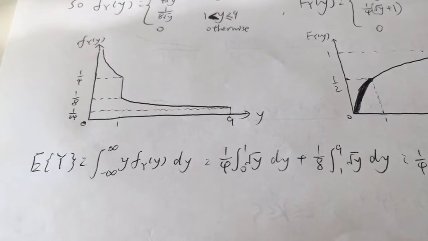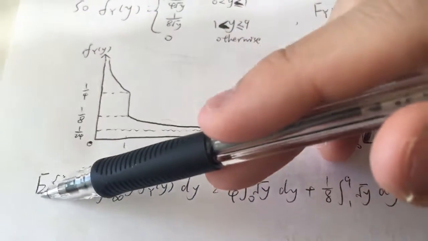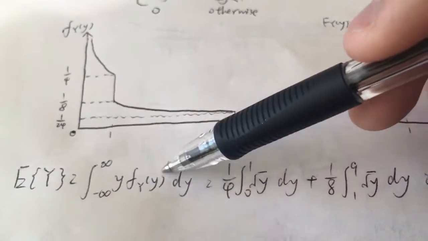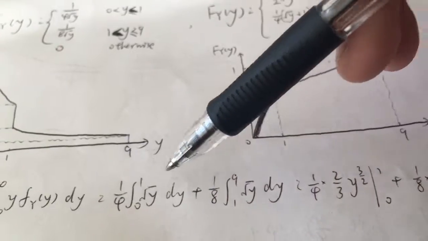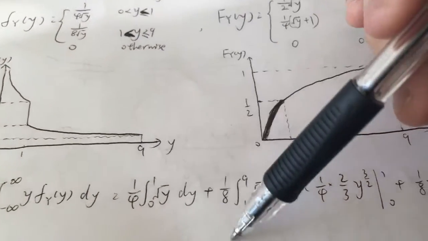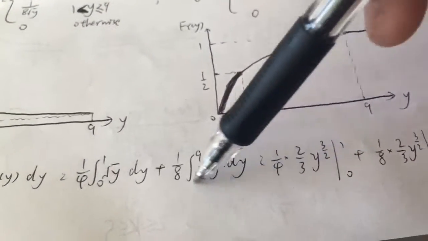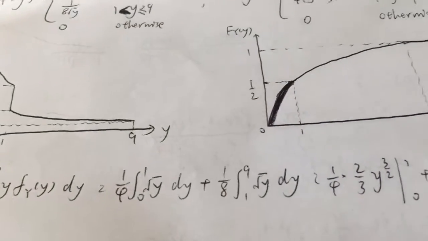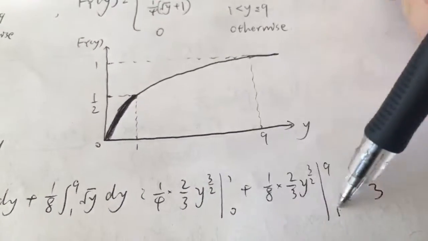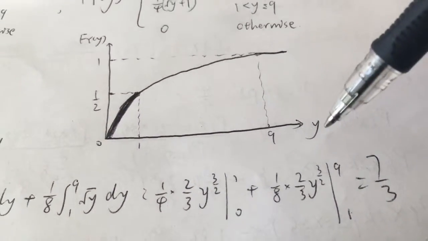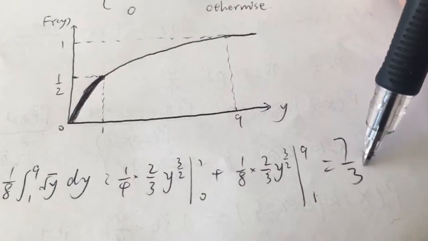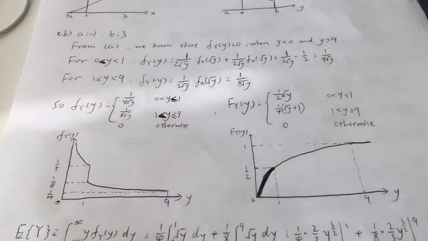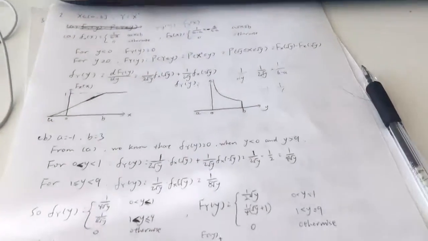We just use the definition of the expected value and use this to calculate the result. Different cases have different scales. It's just a simple integral, and finally we got the result equals 7/3. So that's the second question, and those are the results of problem 2.